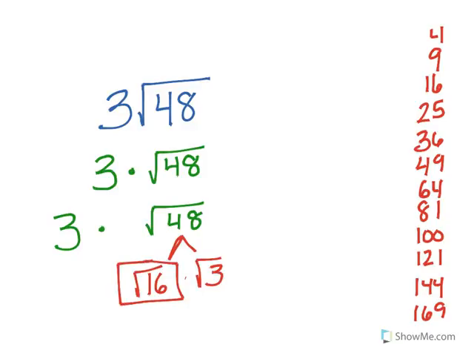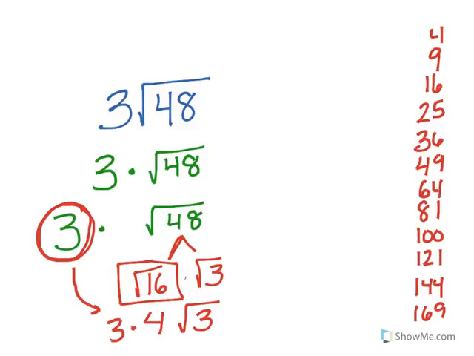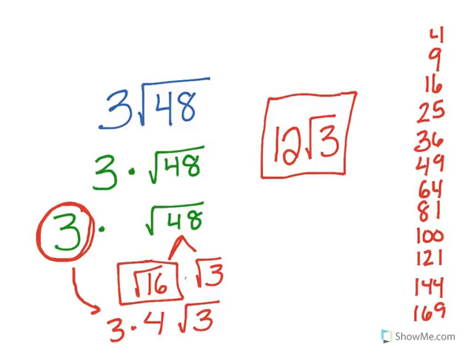We took the square root of 16 and you got 4. So if it has this whole number in front of the radical, I just save it to the end, bring it down, and say 3 times whatever the result of simplifying my radical is. So now it's 3 times 4 radical 3, and I'm done.